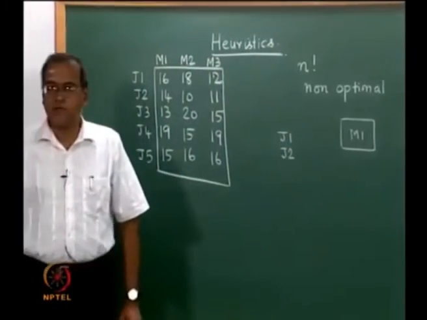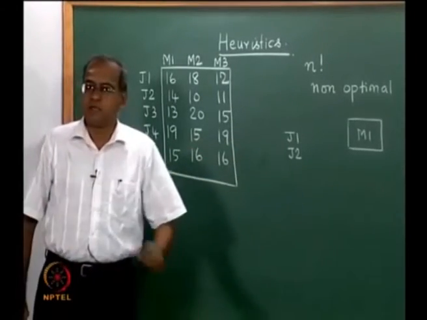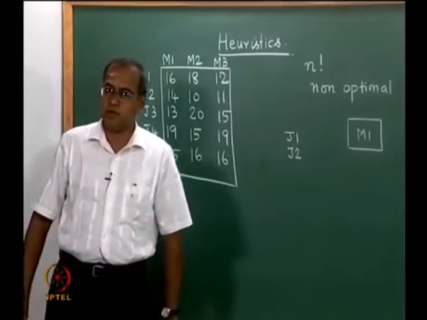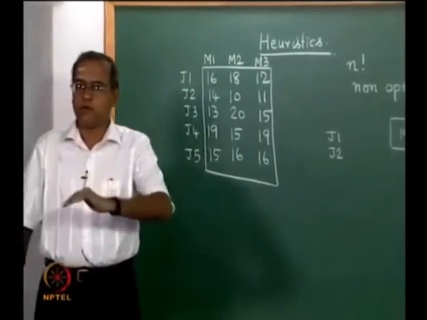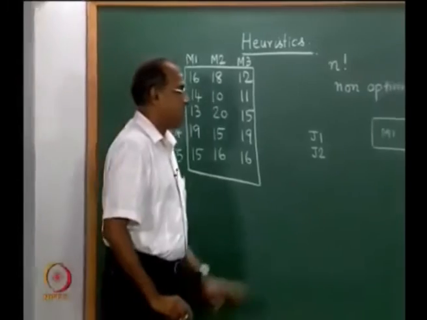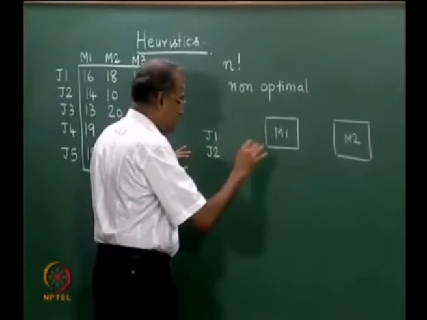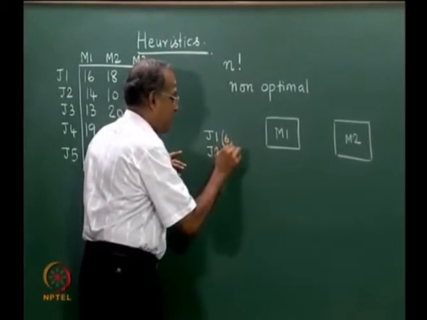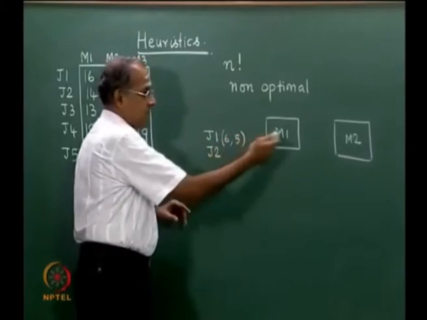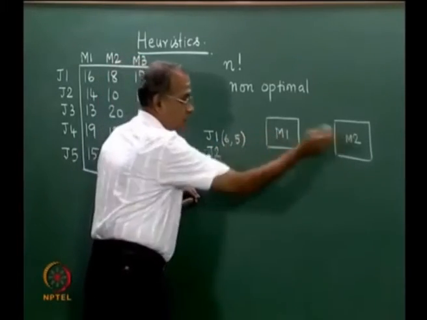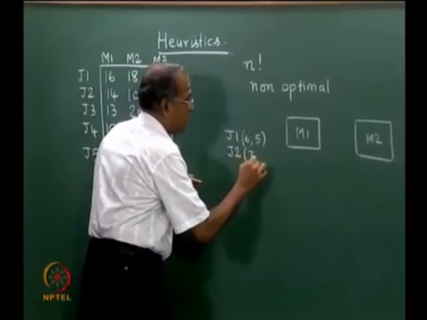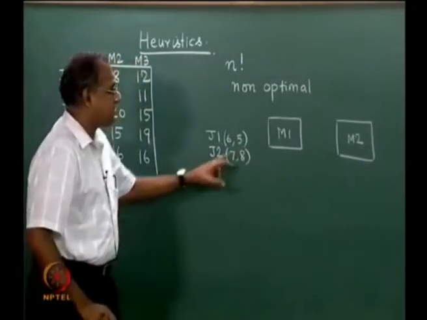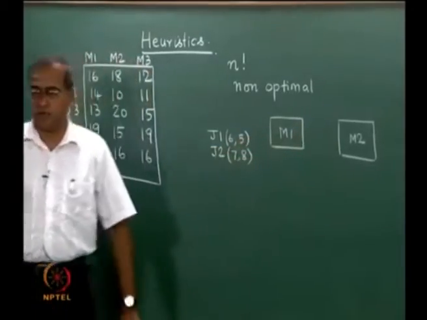Since there are 2 jobs, there are 2 sequences possible: J1 followed by J2, and J2 followed by J1. Let us assume the processing times for J1 are 6 and 5, which means 6 on M1 and 5 on M2, and for J2 are 7 and 8, 7 on M1 and 8 on M2.